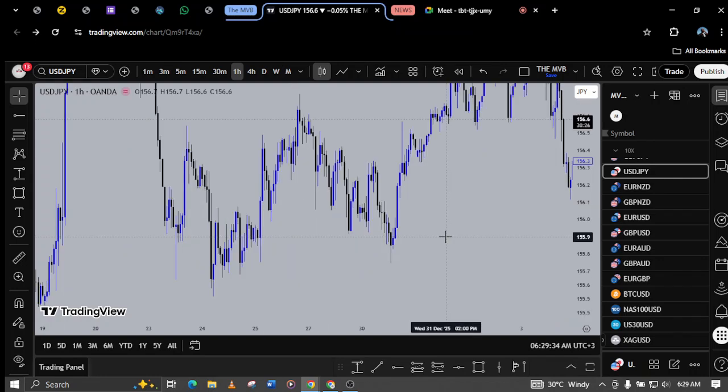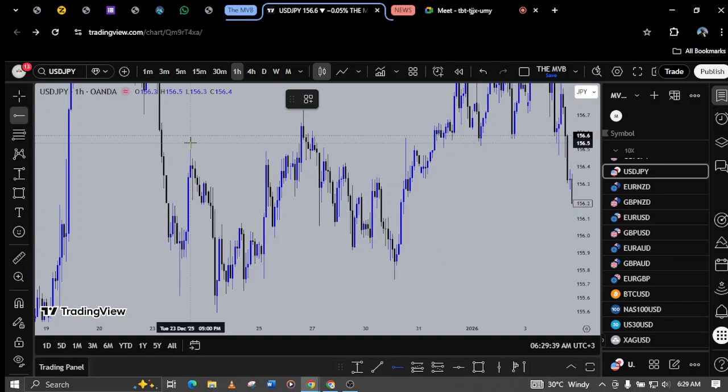So you can see this is another example. Here we had a major break, and we have minor structures inside. This is our swing point area and another swing point area. So you can see price went all the way in. This is USD JPY, by the way, on the 1 hour.